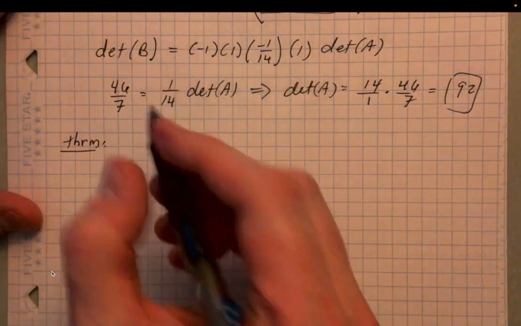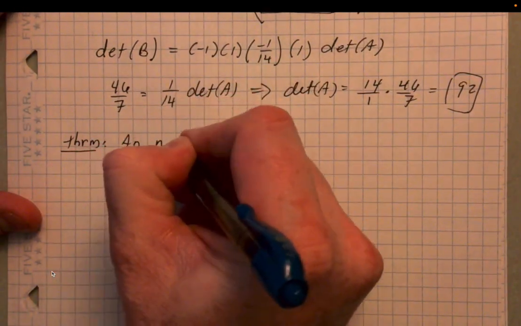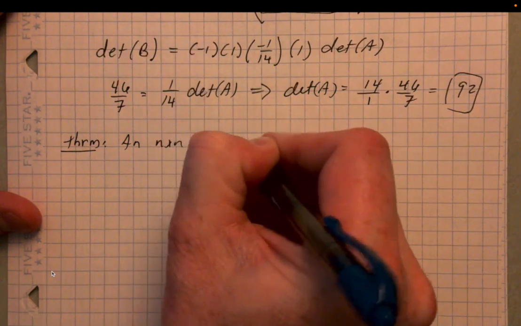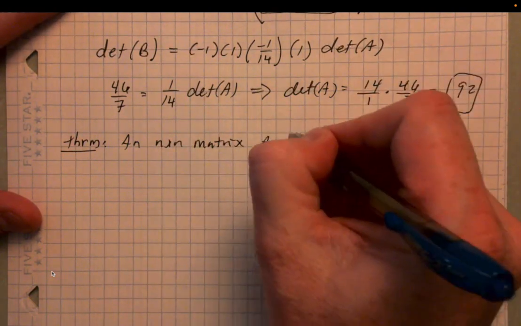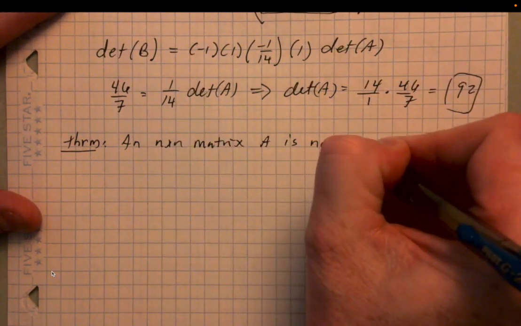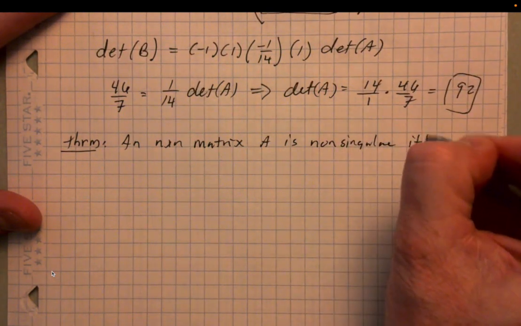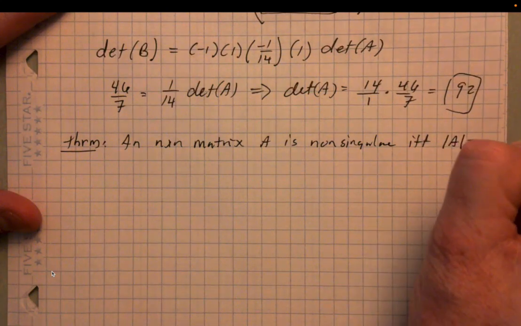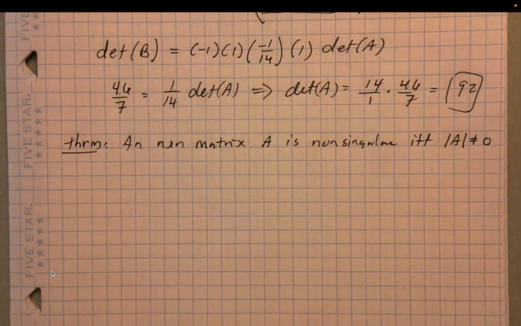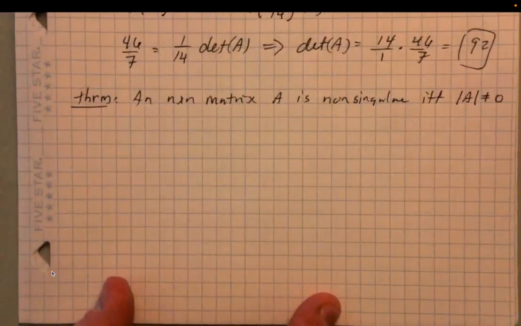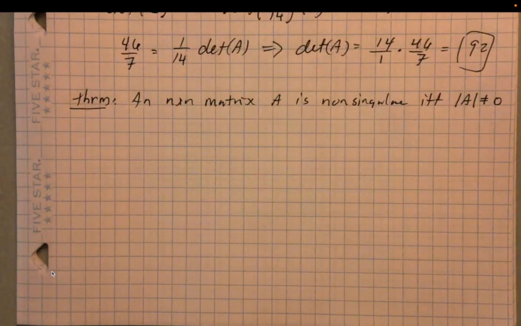And so an n by n matrix A is non-singular, right? It's non-singular if and only if the determinant of A is non-zero. Okay, this is something that I think kind of falls out of the previous theorem as well. I think you can almost catch this idea as you're thinking through some of those connections.